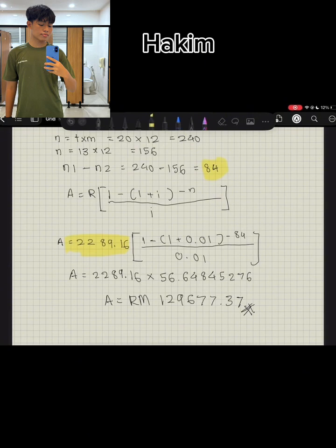After plugging in the numbers, we multiply our monthly payment by the new factor of 56.648. This gives us a final outstanding balance of RM 129,677.37. Here is the final answer.